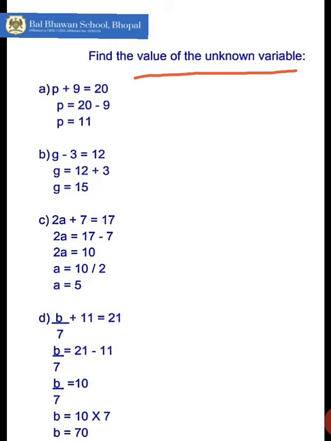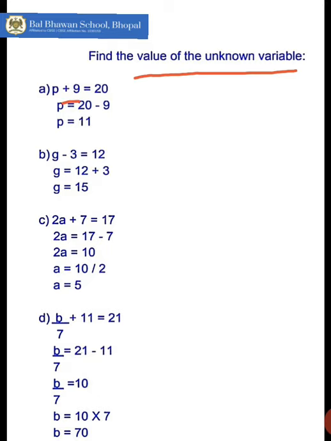This is the equation given to you. Since you have to find the value of the variable, you have to make sure that the variable comes on one side alone. So all the other numbers along with the variable need to be moved to the other side of the equal to sign. So here I have p plus 9.